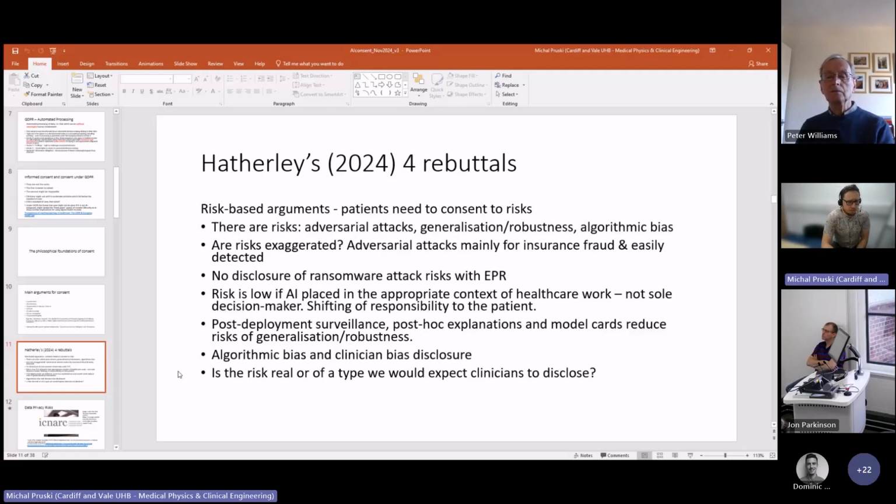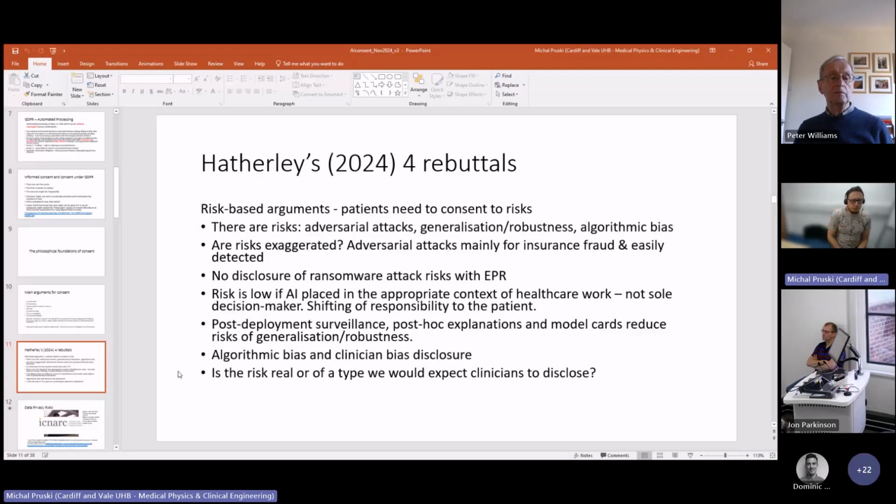The first such argument why you might want to seek explicit consent for AI-enhanced healthcare is that patients need to consent to risks. So going back to the risks topic from the law, there are various risks that you could associate with the use of AI, such as adversarial attacks, problems with the algorithms, generalization, robustness, and bias.